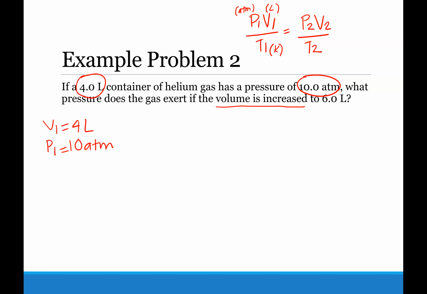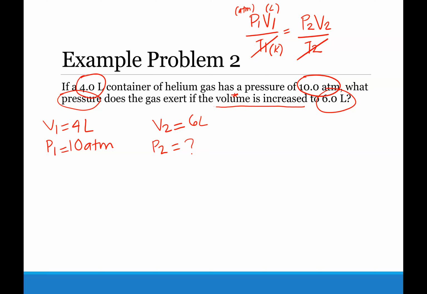So we know that the condition changed here, which means we're going to have a set of 2's, a V2 and a P2. It's asking us what the pressure is, so we know we're going to be looking for P2, and it told us that the volume increased to 6 liters. And so the one variable in the combined gas law equation that's not present is temperature.